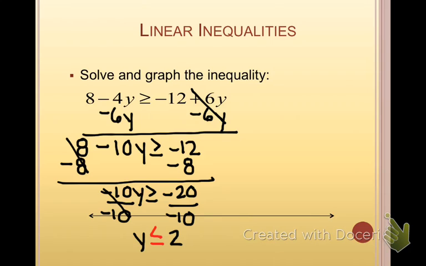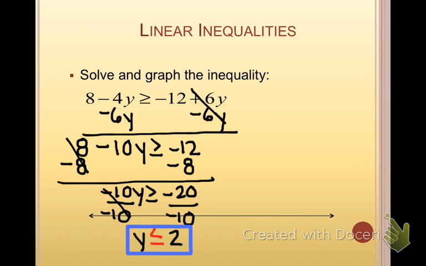It only matters that the actual number I was dividing by, that -10, was negative. It does not matter whether the result comes out positive or negative. Again, it only matters that the number I was dividing by was a -10. That's what made that sign flip. So I get my result here as y is less than or equal to 2, which is correct.